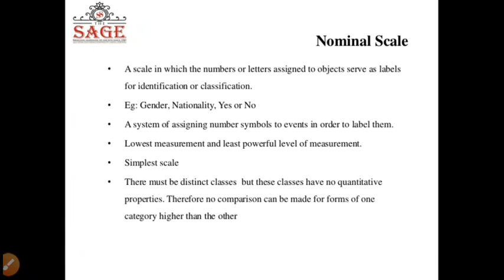Now, what is your gender? I am a female, and you can be a male. Nationality: are you an Indian or a non-Indian? I'm an Indian, yes. If you are a non-Indian, then it is no. Now, what are we going to do in the nominal scale? Why are we scaling the data?